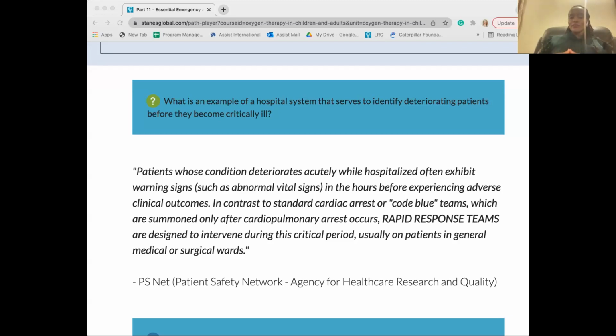In facilities that are well organized, during every shift in the ED, the emergency department, you'll have a team that has been identified as the rapid response team. This is a team that manages the patient who is coded and immediately identifies the level of care that they need.